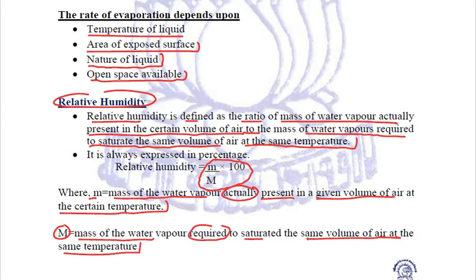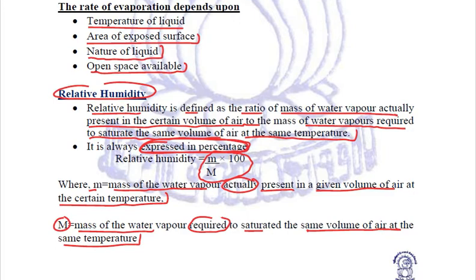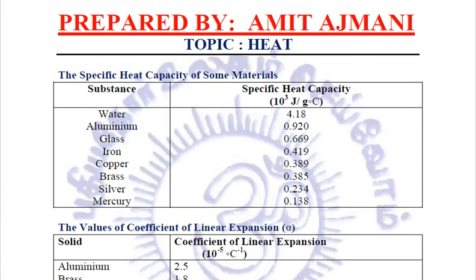So this ratio between these two masses is called relative humidity, and it is always expressed in percentage. Clear? So this is our relative humidity.